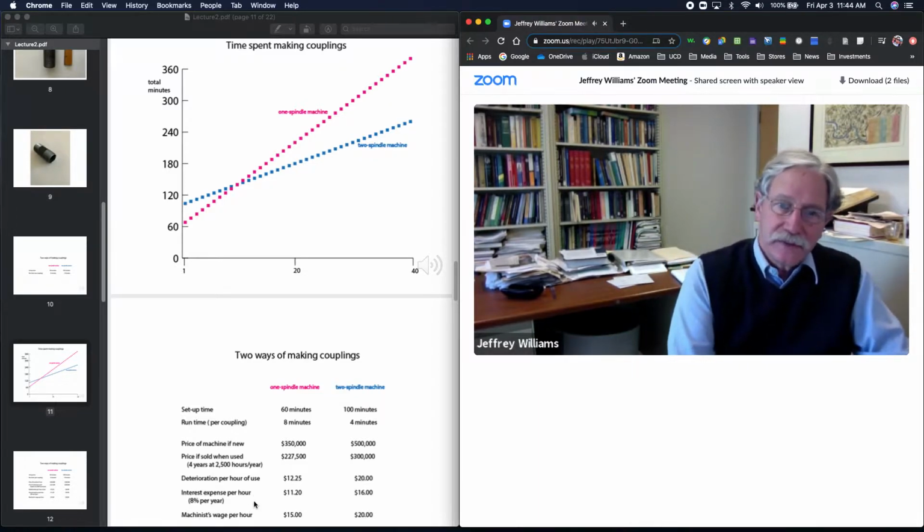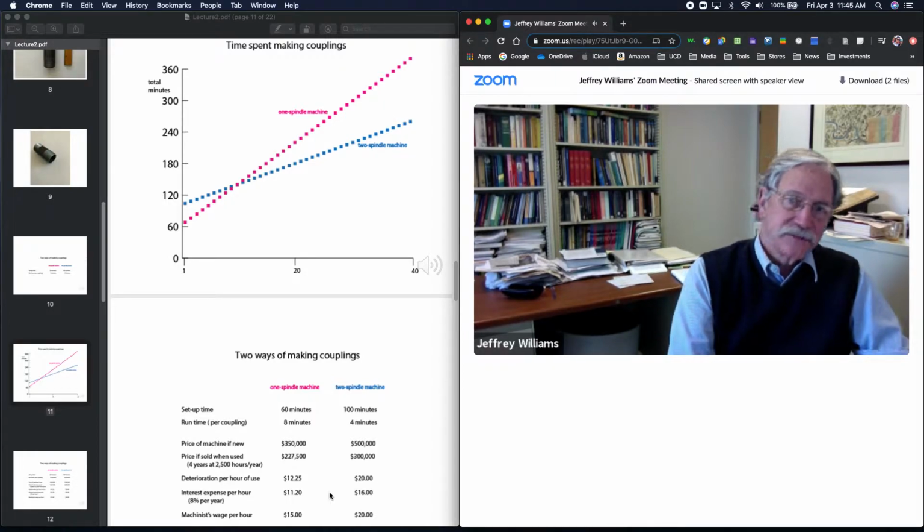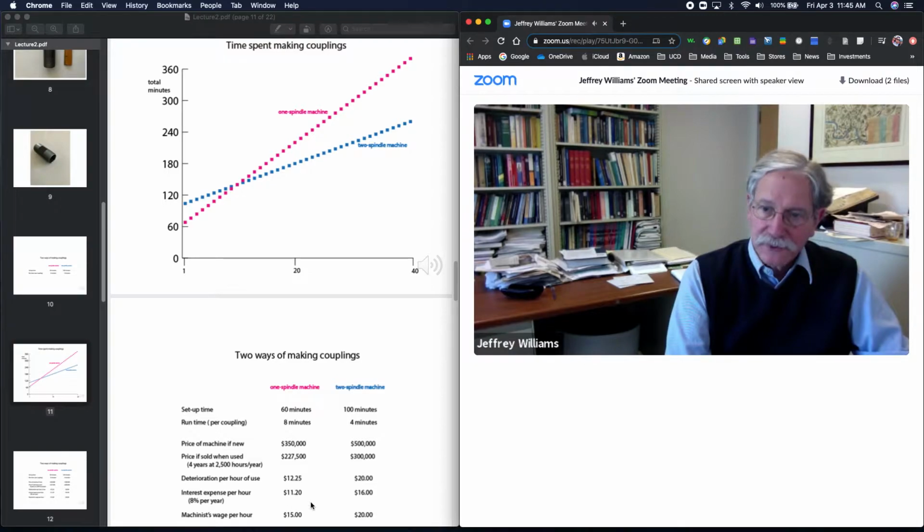If you take that a typical working year is 2,500 hours, the monthly interest expense is what I've shown in the next to the bottom row, because the machine of a one spindle variety is less expensive initially. I'm going to say that's $11.20 per hour, where the two spindle machine is $16 an hour.